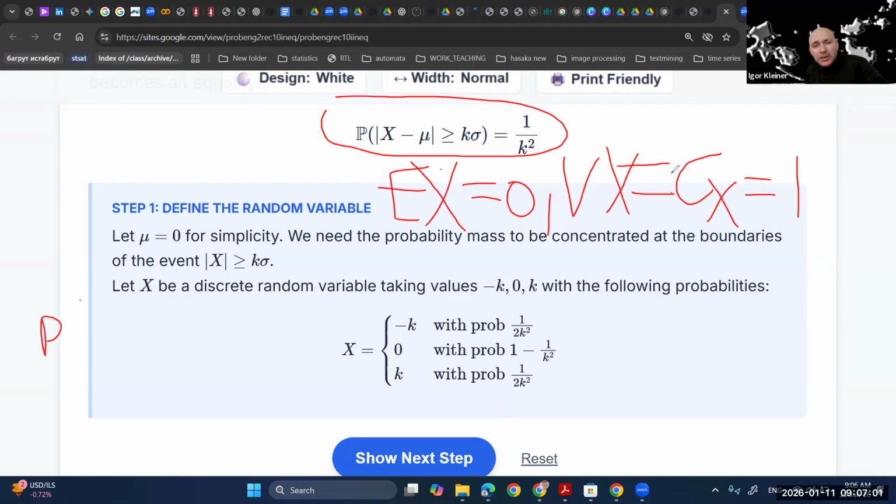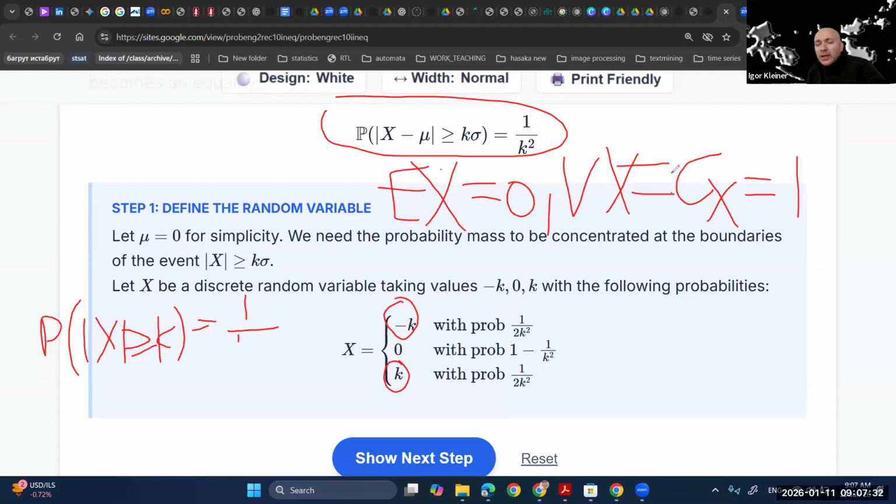What is the probability that the absolute value of x is greater than or equal to k? Use the definition of x, not the Chebyshev inequality. Look at x. What is the definition of the absolute value of x being at least k? It can be here or here.